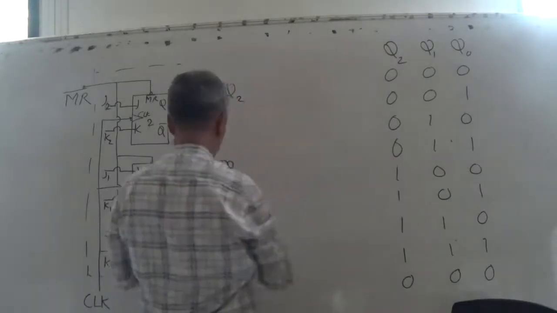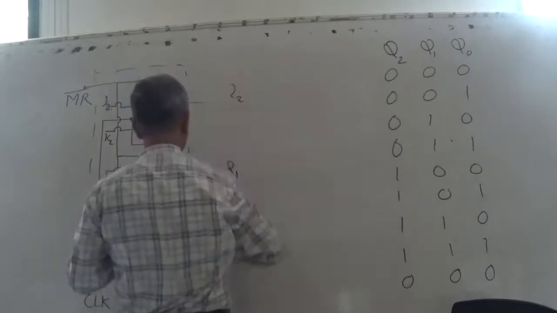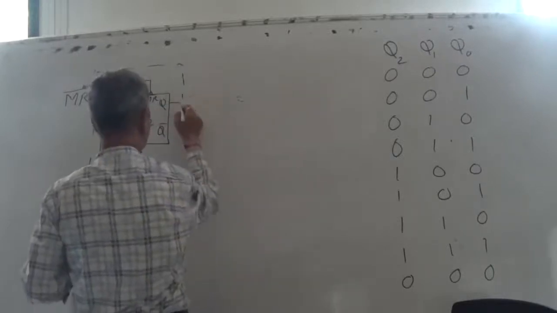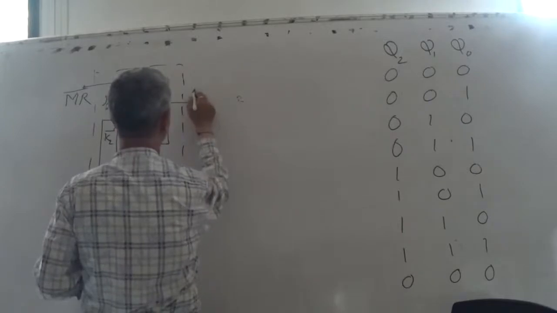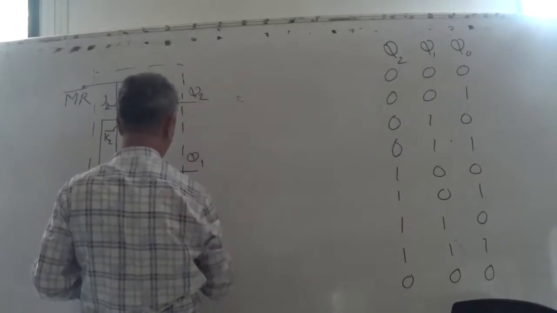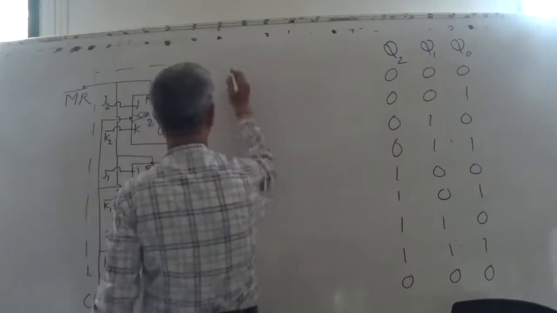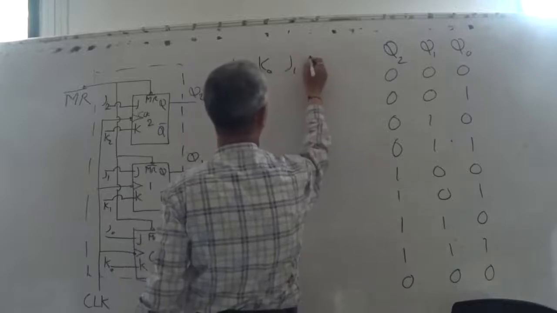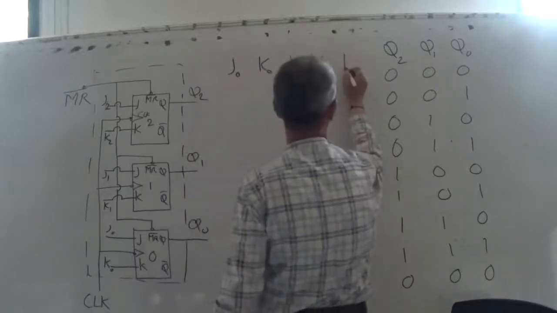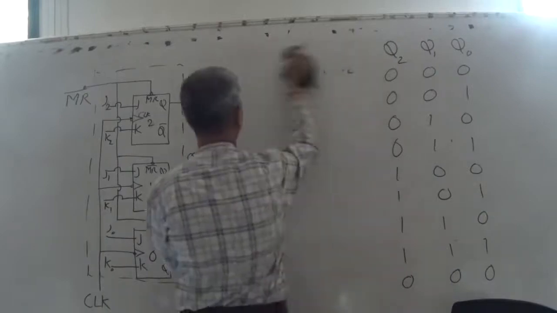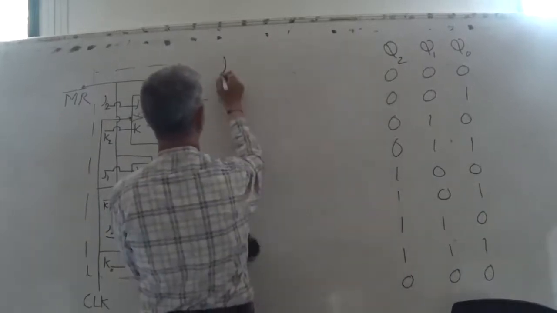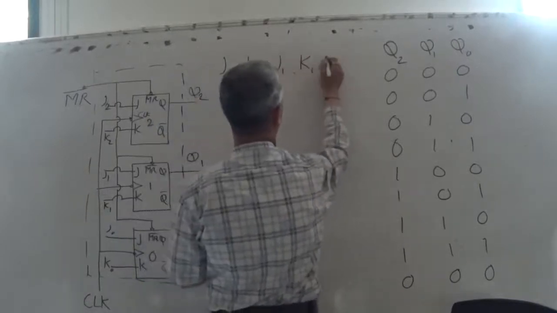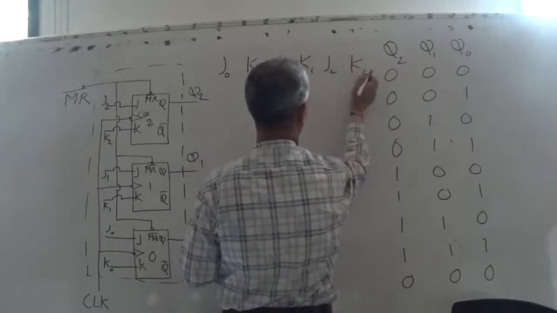Each time I will not connect gates and show you the diagram. Simply, this is Q2, this is Q1, this is Q0. So what should be J0, K0, J1, K1, and J2, K2, that I will prepare.